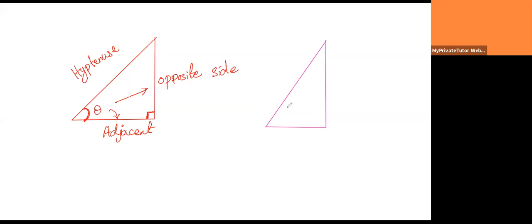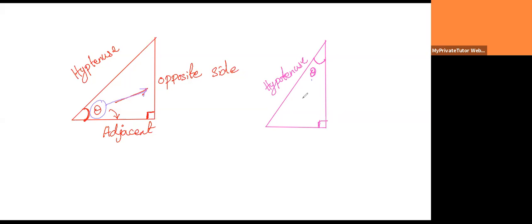Okay, so this is a right angle triangle. If we are taking the above one as the angle, then this one is obviously the hypotenuse because that's the longest side. And what is the opposite side? The opposite side is always opposite to the angle.